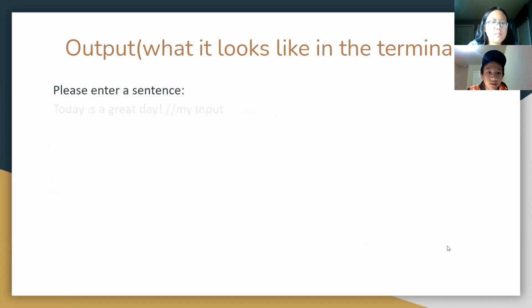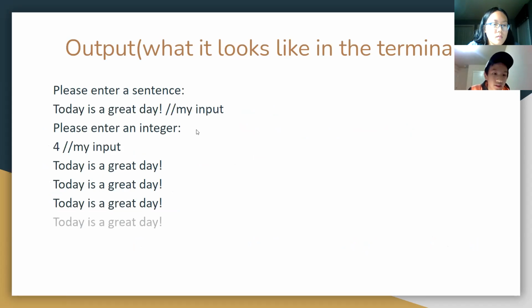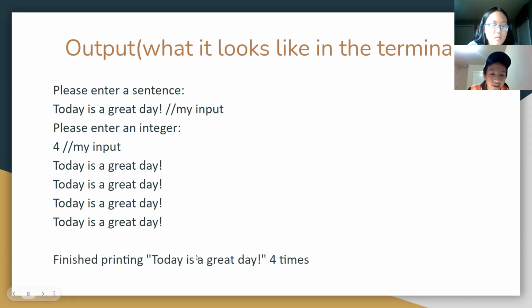And our output should look like this. And so please enter a sentence, today is a great day. This is what you inputted to display what you inputted, and this is the for loop. And then the last line of code just be finish printing, today is a great day 4 times. Does that make sense?